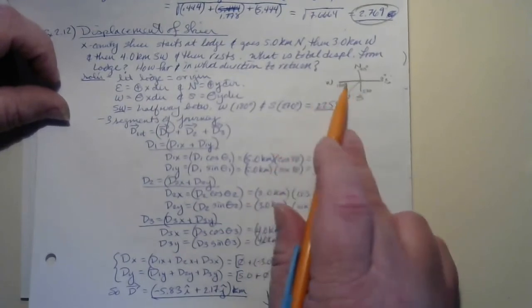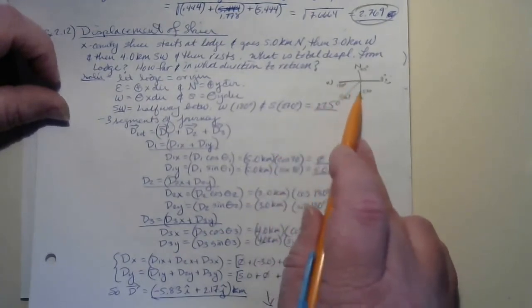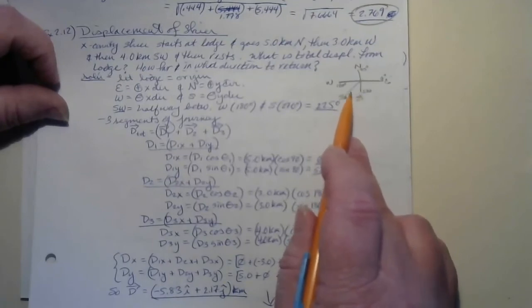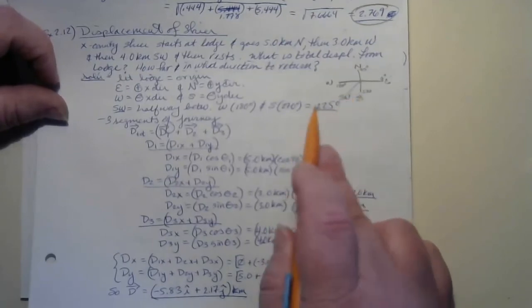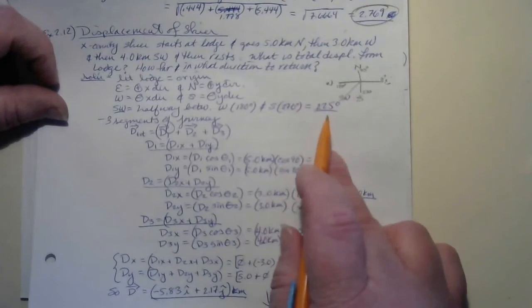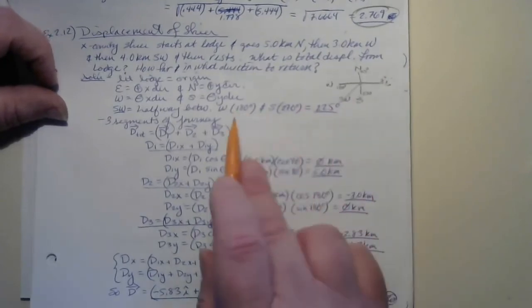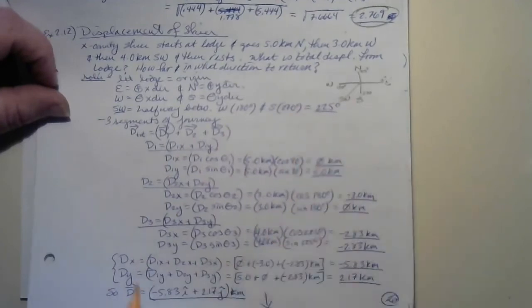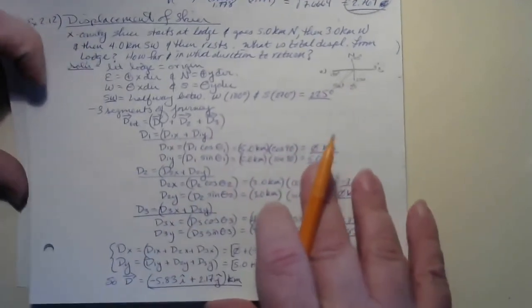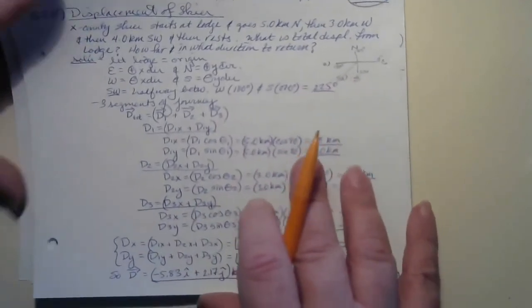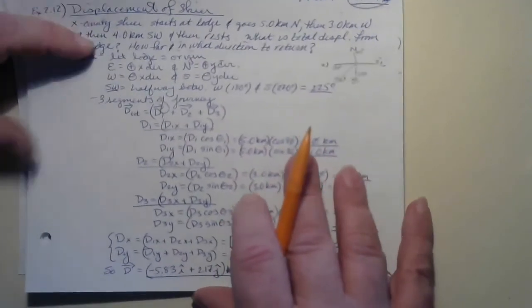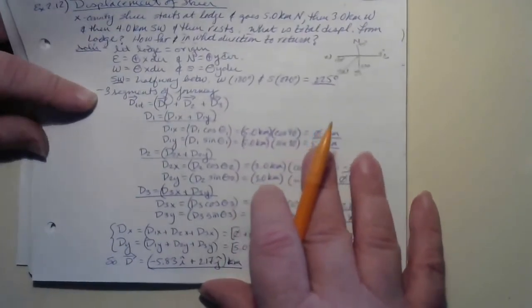So just add 45 to 180 or subtract 45 from 270. Either way, you get 225 degrees. Or you could take the average, 180 plus 270 divided by 2, and again, you get 225. So southwest is 225 degrees in terms of our normal Cartesian coordinates.